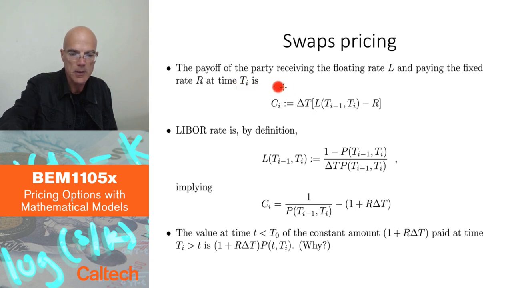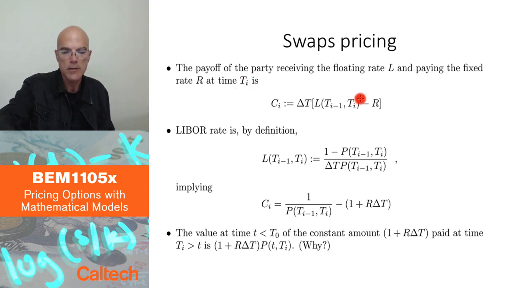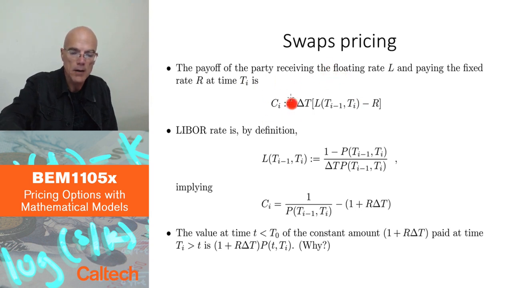So there's going to be a sequence of times ti, which are known in advance, finitely many of those, and then the payoff is denoted ci. It's normalized by the length of the periods, and I'm going to assume that each period ti minus 1 to ti has the same length delta t.